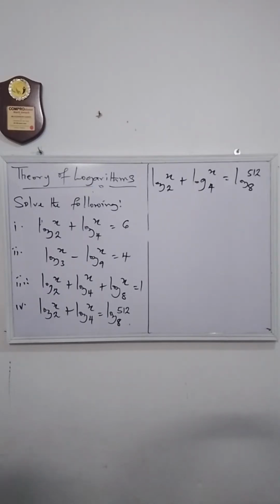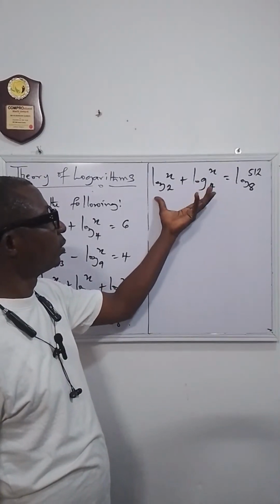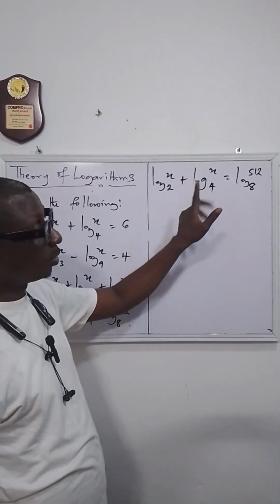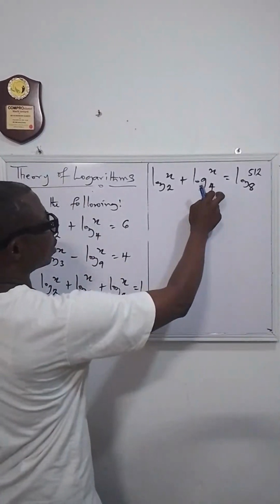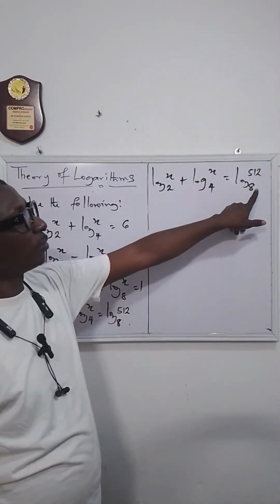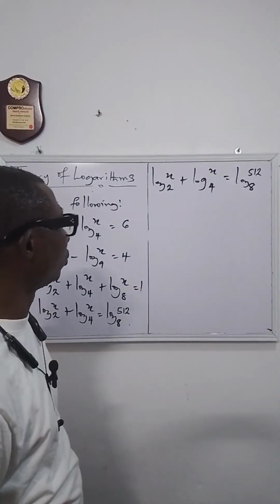So now, what do we do? In my mind, I'm thinking of finding a way of adding these together and applying the law of logarithms. But I observe that they don't have the same base, so I need to adjust this, and to make the work easier, I have to adjust this as well. Let's see how to do that.